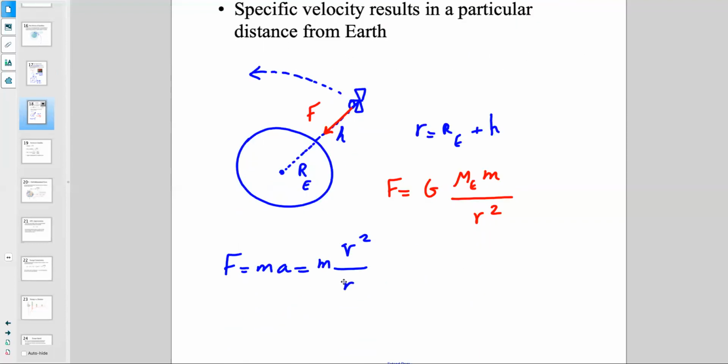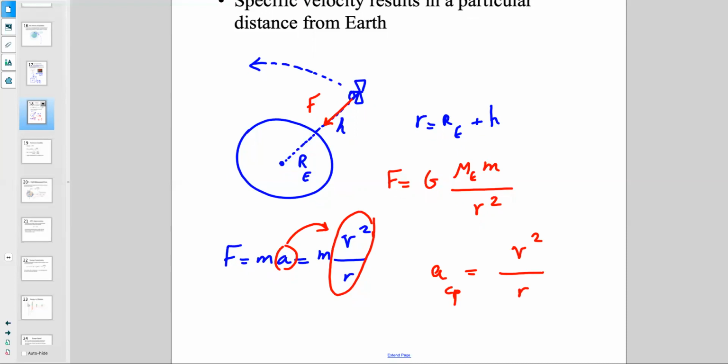That's what the a is for the circular motion, v squared over r, in other words, the centripetal acceleration. Remember this, a sub cp is v squared over r.